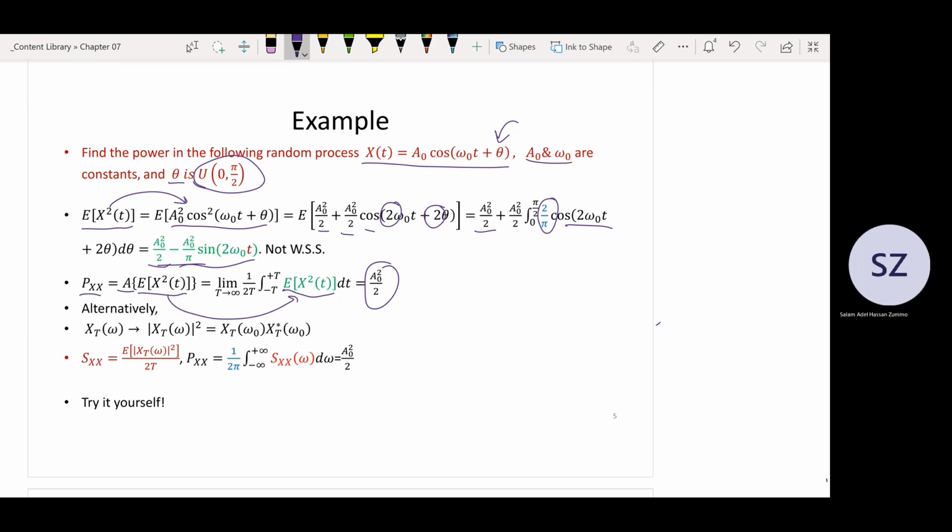Now we could do the same thing here by taking x of t for a specific time. So we can define this for minus T to T, and take the Fourier transform. If I have a cosine, what is the Fourier transform of the cosine?